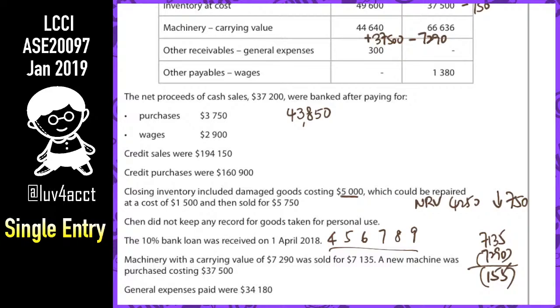So what is the amount of depreciation that would give you the closing balance? Let us calculate 44640 plus this minus this, and then 66636, depreciation being 8214.